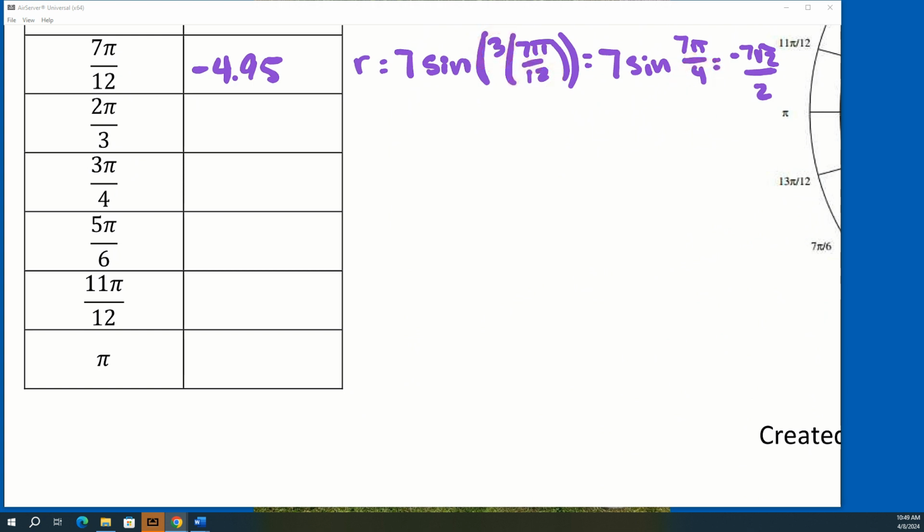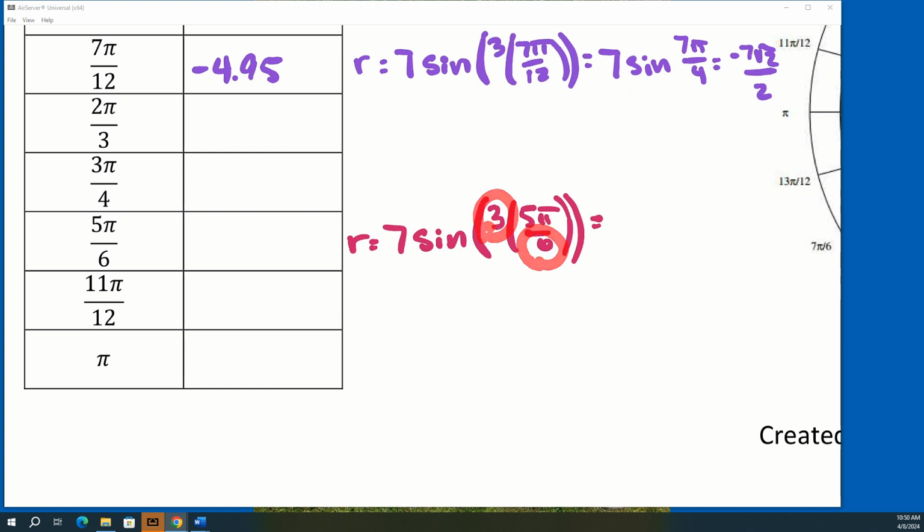All right, one more. Let's do 5 pi over 6. Okay, so this time we have 3 over 6.